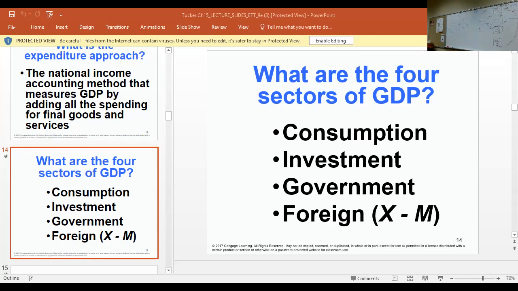And then you're going to subtract out costs. And what's left over is profit. One of these costs is depreciation.